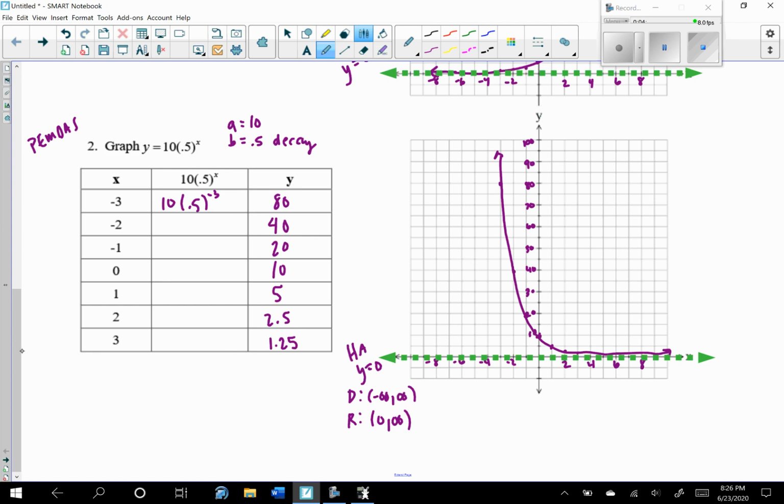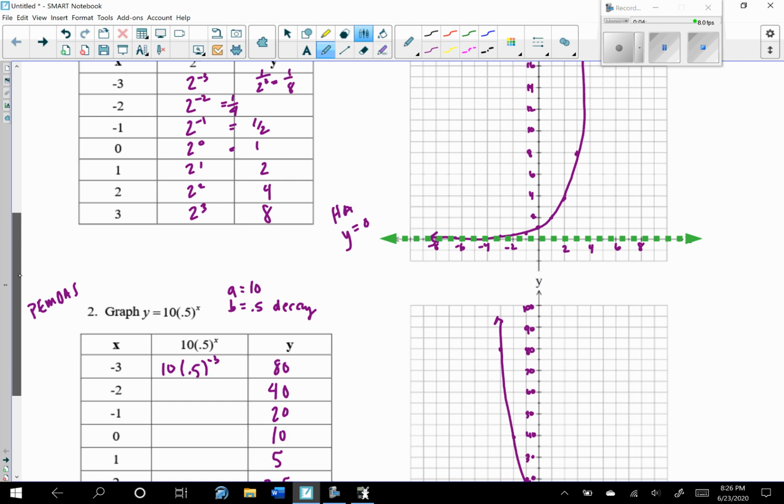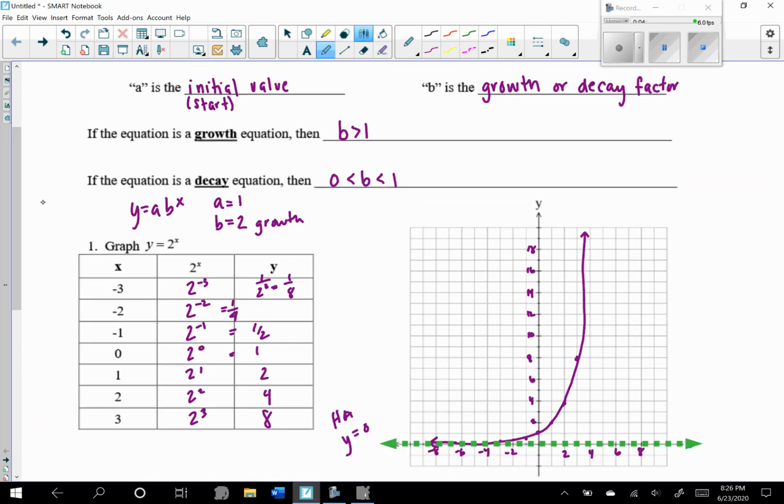Something else we can go ahead and look at. What would be the rate at which we are growing for this first graph? Well, remember that's your b value. So if you want to find the rate, you need to find the percentage. We've talked about in Math 1 that b is equal to 1 plus r, so 1 plus your rate. So if b is 2, then what's r?